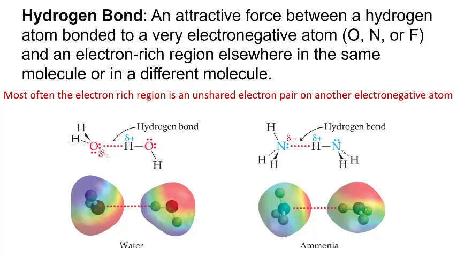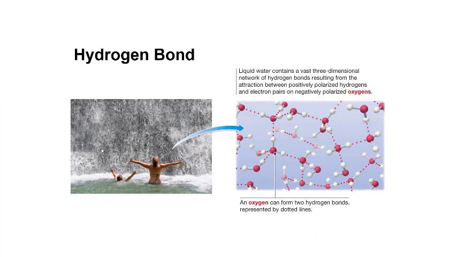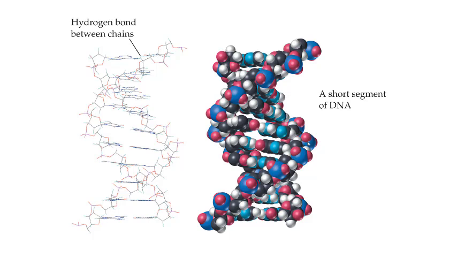Okay, so hydrogen bonds are really a strong interaction. These hydrogen bonds between water molecules are what actually allow water to be in a liquid form at our normal temperatures here on Earth. We have this network of hydrogen bonding between all of our individual water molecules. And we also see hydrogen bonding within the DNA of all living species here on Earth.